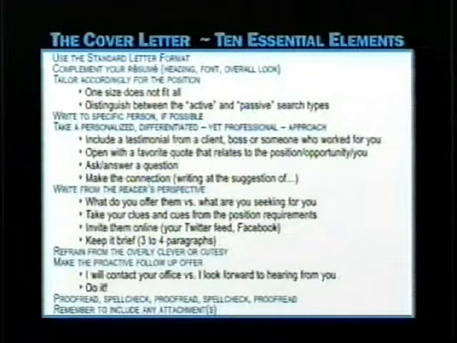Some of the things we talked about in the last segment were, if you have a testimonial from a boss, from a client, from a student, or someone who worked for you, you can open with that quote. What speaks better about you than someone speaking well of you? Open with a favorite quote that relates to the job that you're looking for or the opportunity that you're looking for.